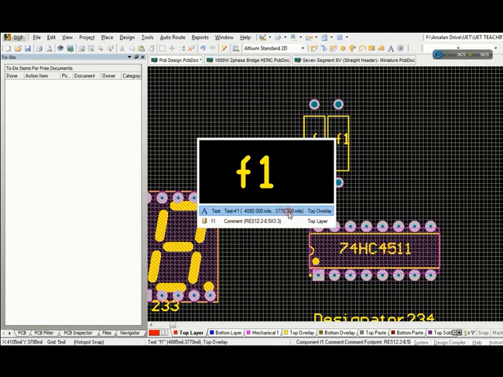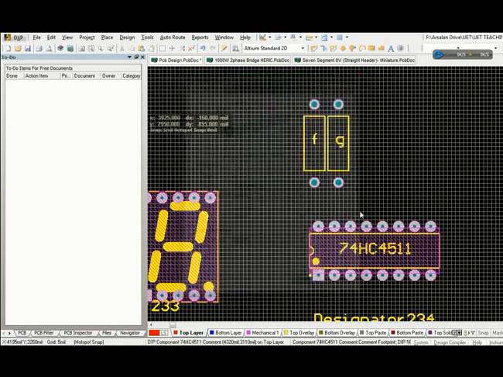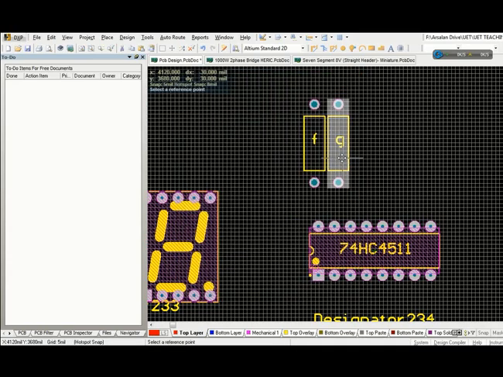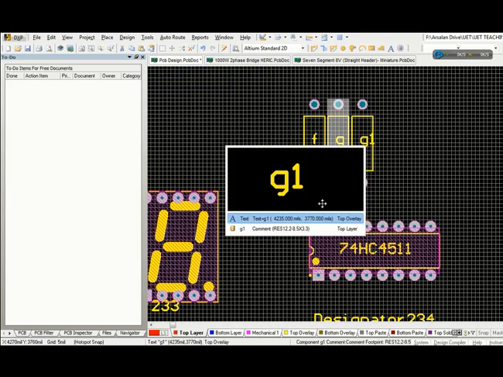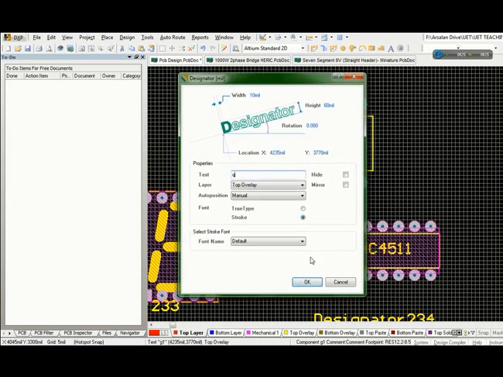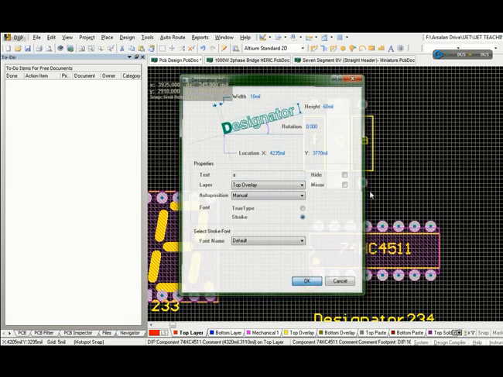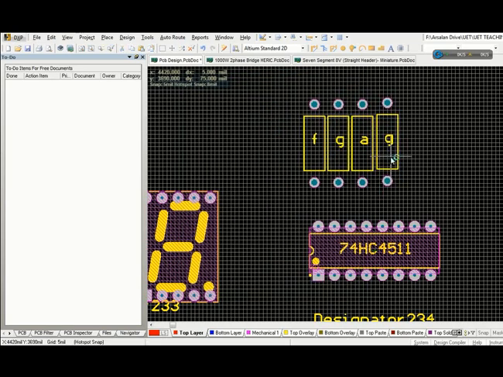Let's turn off this power supply. These are almost the very same things we have done.